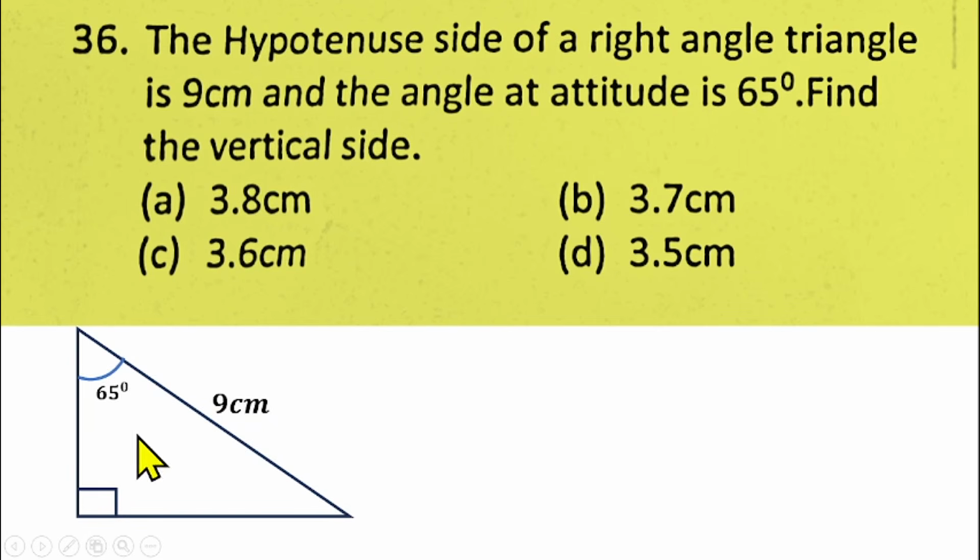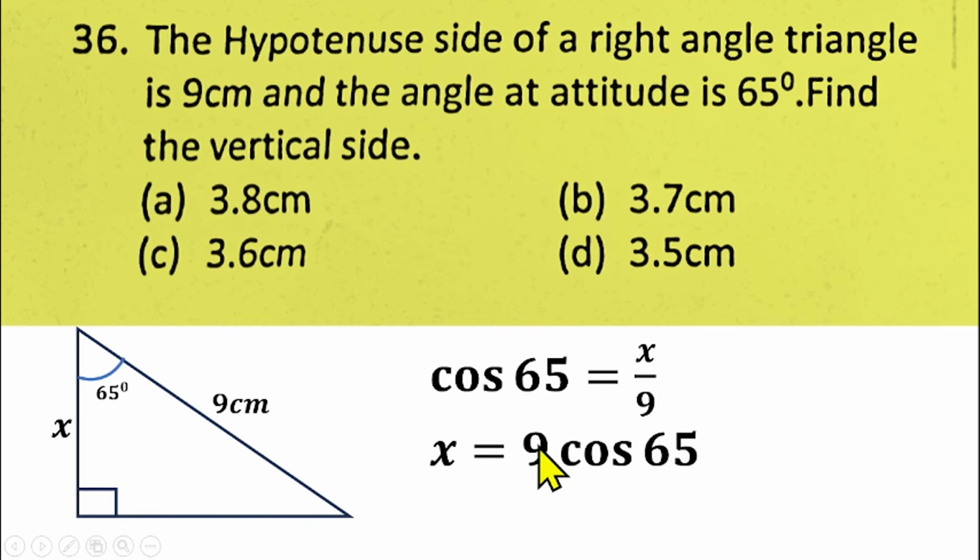If we have to find the vertical side, which is this side, we can apply a trigonometric ratio here. That will be adjacent over hypotenuse, which is cosine. So cos 65 equals x over 9. If we cross multiply, we have x equals 9 cos 65. Simplify, that gives us 3.8 centimeters, which is option A.